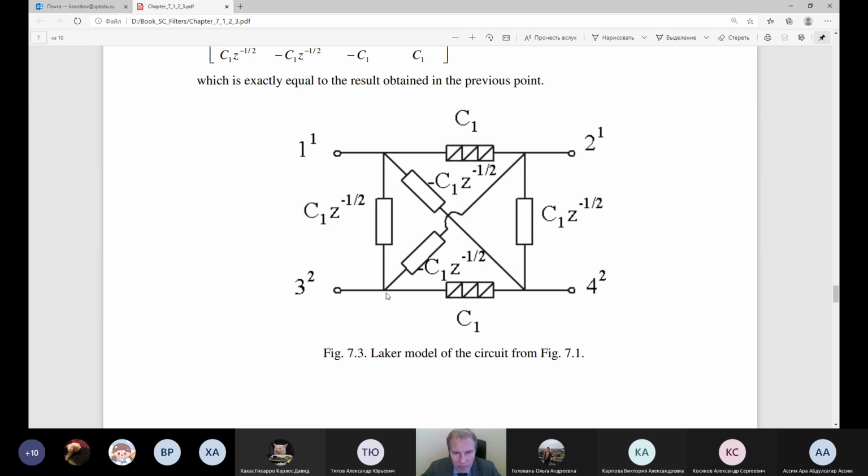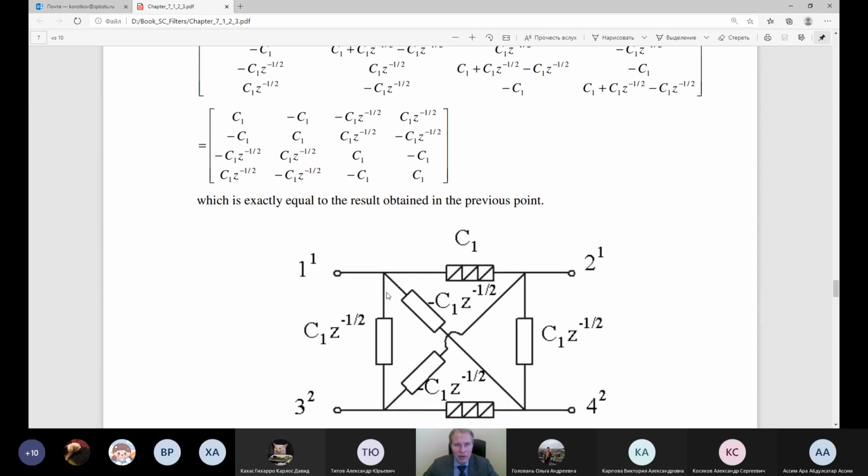What is important now is that the rule for how we can formulate the Y matrix in accordance with this circuit is totally known to us. It means that now it is possible to formulate this Y matrix very fast.